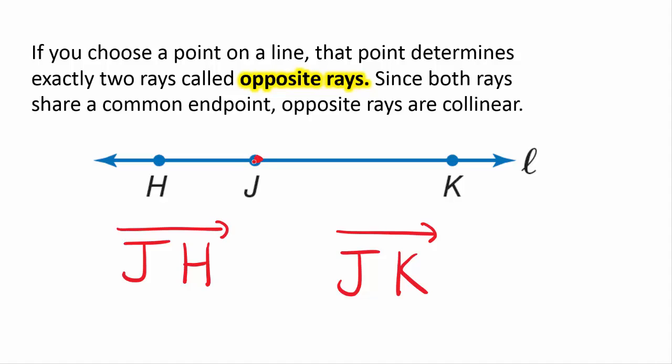One ray starts at J and goes one direction, and the other one starts at J and goes in the complete opposite direction. But they are collinear and they are named opposite rays.